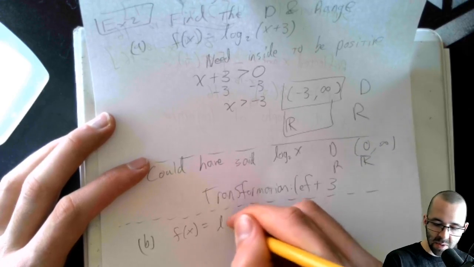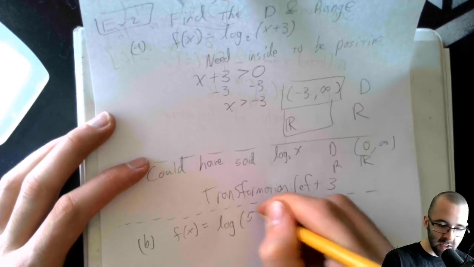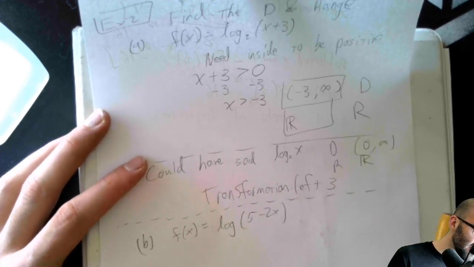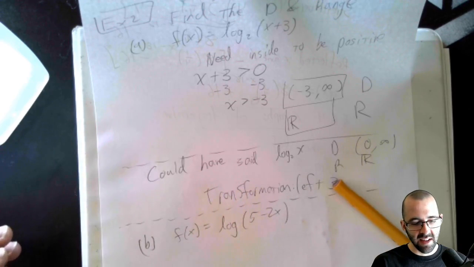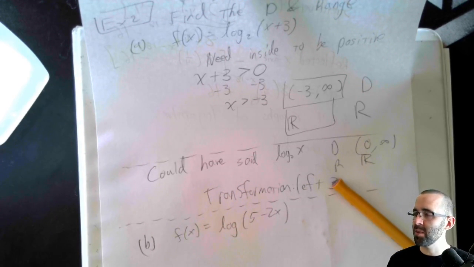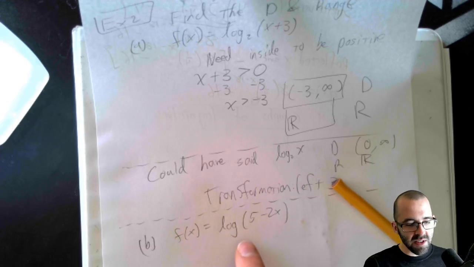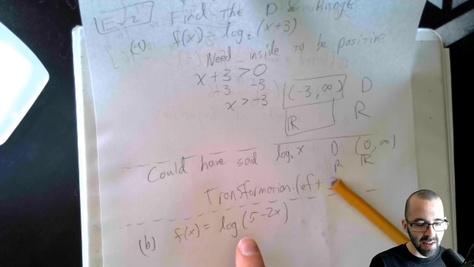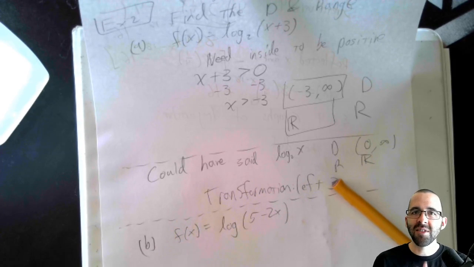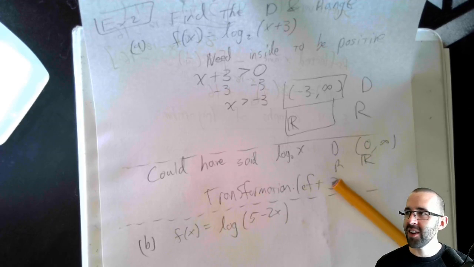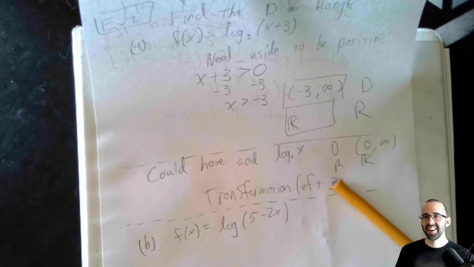All right, f of x is equal to log of 5 minus 2x. Wait a minute. Jason, you must have written down the problem wrong. Where's the base of the logarithm? What's the base of the logarithm here? I didn't write it down. Anyone remember?